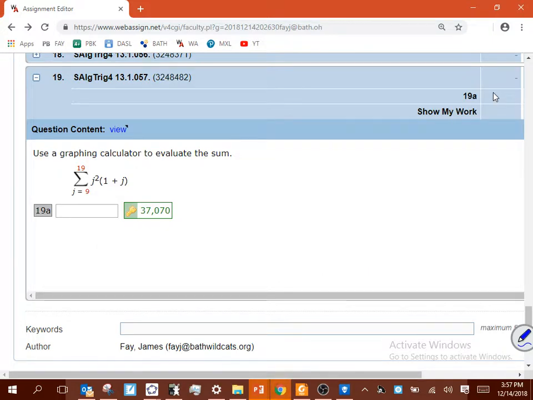This one here, a couple things going on. The first thing I think we'll address is what I just talked about. I can sit down and say, well, J is 9, so I'll go 9 squared times 1 plus 9. Plus, when J is 10, I'd have 10 squared times 1 plus 10.